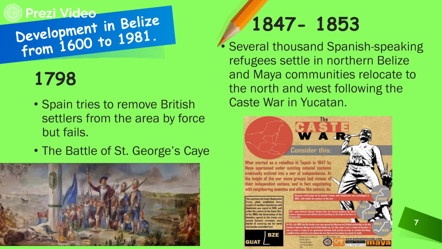You will mostly find the Hispanic people there. So, around that time, let me repeat it, several thousand Spanish-speaking refugees settled in northern Belize, and Maya communities relocated to the north and west following the Caste War.